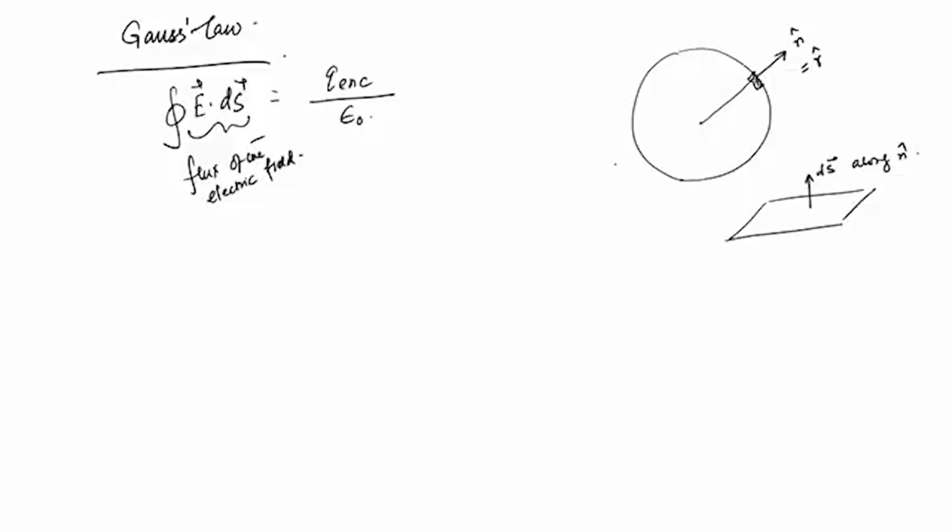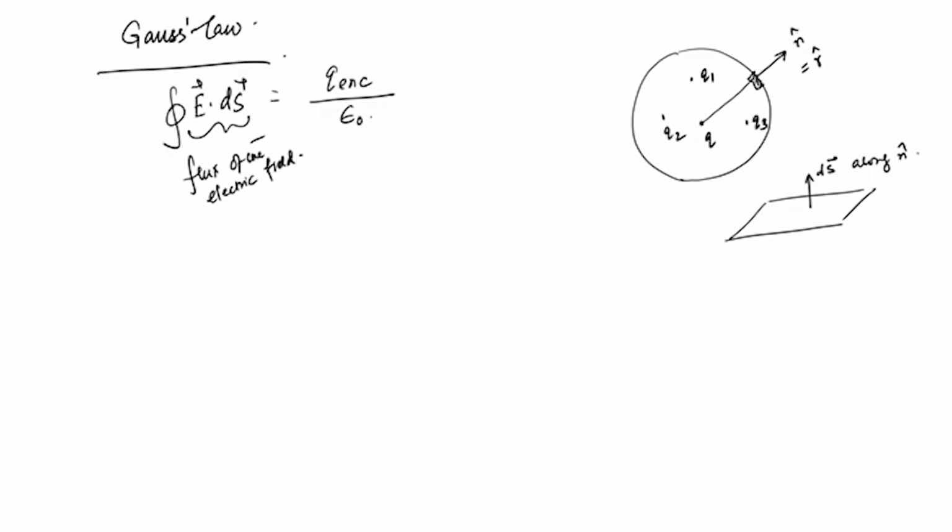If these two directions are orthogonal, then of course there is no flux of the field in that direction, but at least in this problem with spherical symmetry, the r and the n cap are in the same direction, and the dot product will just behave like a scalar quantity. In any case, whatever the charge is enclosed in this region, maybe there is a charge q at the origin, or there may be charges q1, q2 and q3.